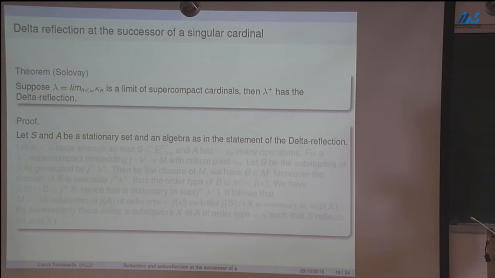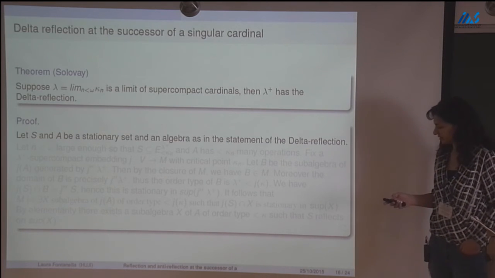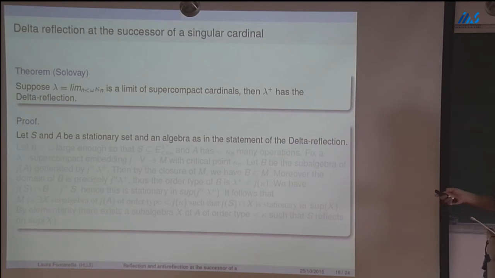To get familiar with this delta reflection, let's fix a stationary set and an algebra, as in the hypothesis of the delta reflection. So again, the ordinals in S have cofinality less than lambda, and the algebra has less than lambda many operations.